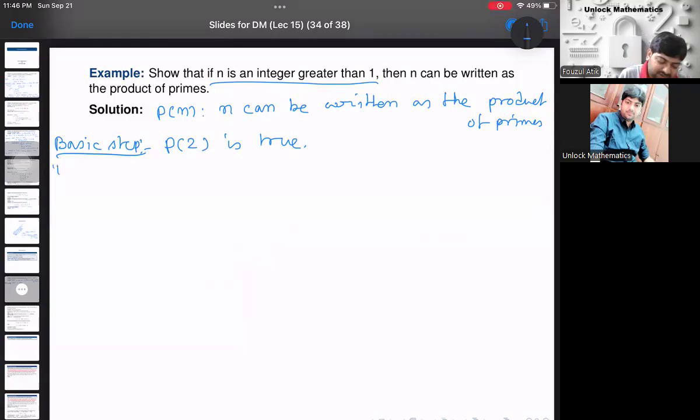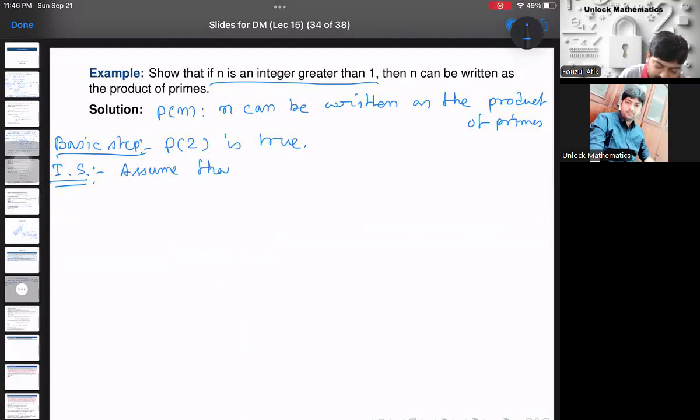So what is the inductive step? Now you have to apply the strong induction method. Here the technique is that P2, P3 up to Pk all should imply Pk plus 1. So we have to assume that up to k all are true.